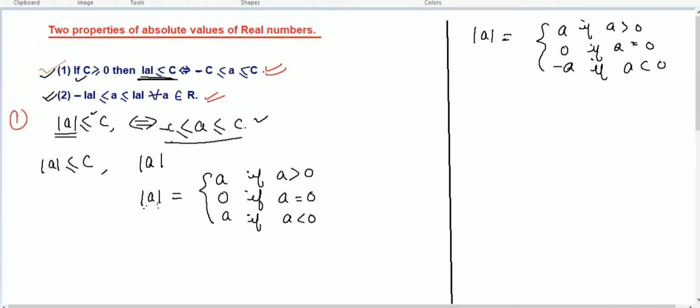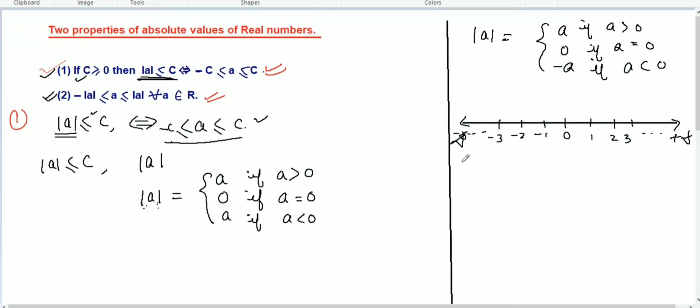Start with the number line. I'm going to explain it. Take this number line, with minus infinity on this side and positive infinity on this side, and 0. So 1, 2, 3 is the positive side, and minus 1, minus 2, minus 3 are the negative side.